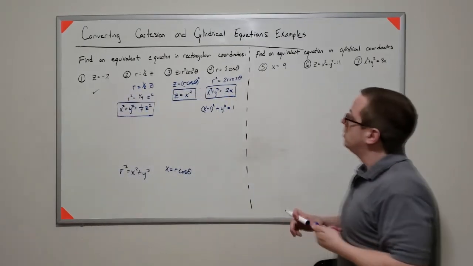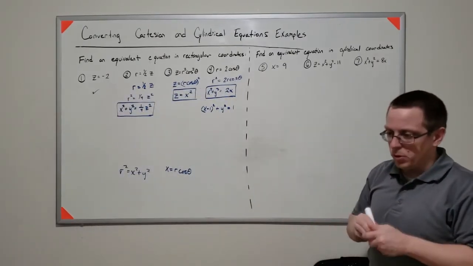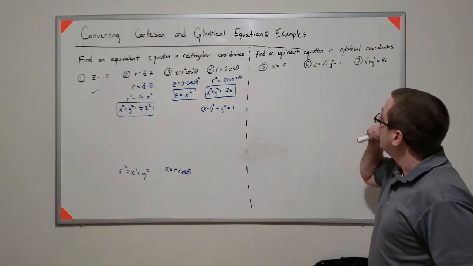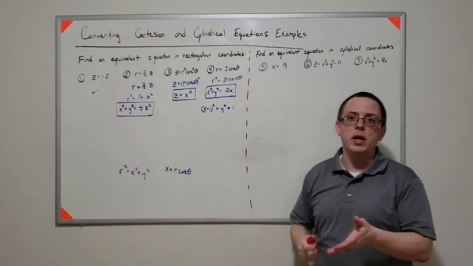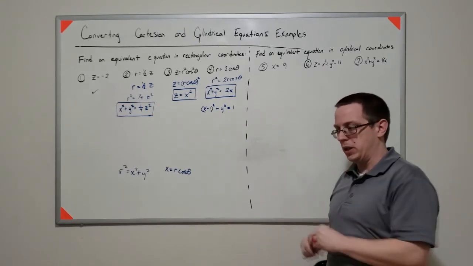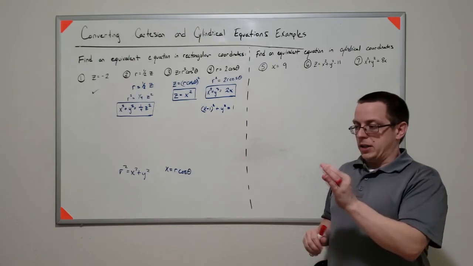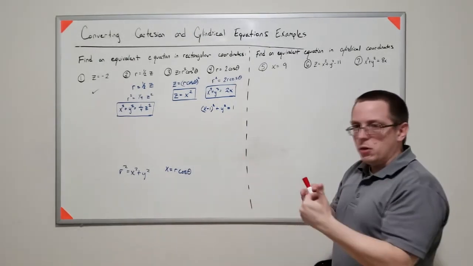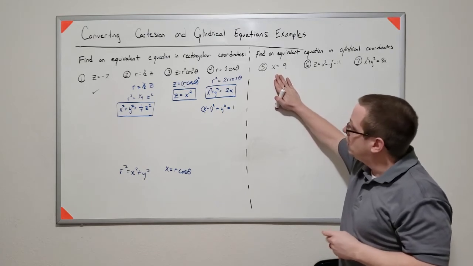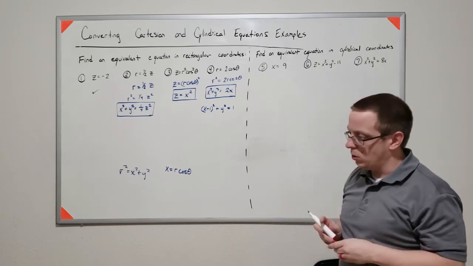All right. So now if we want to find an equivalent representation in cylindrical coordinates, I have x equals 9. Well, again, remember, that's a fairly straightforward rectangular representation. x is a fixed value, and then it's just a shifted yz plane. So how are we going to get there knowing what we know?